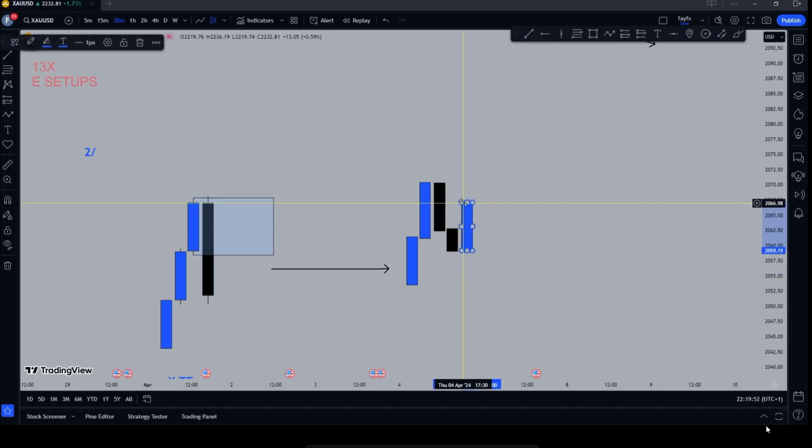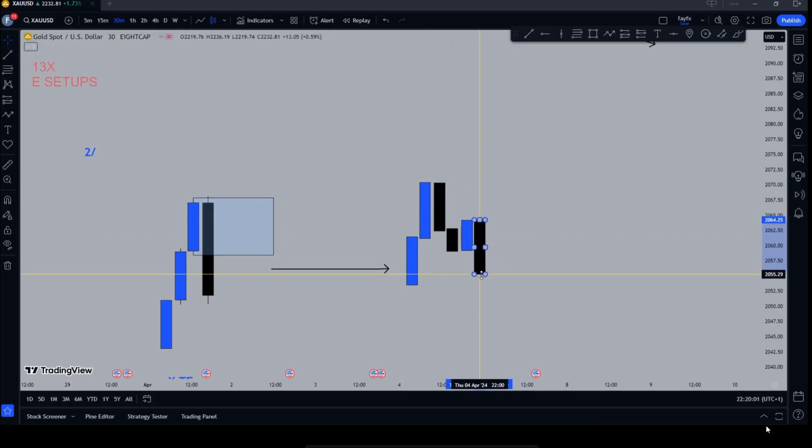Always inside the engulfing candle, we are going to find a classic fresh level. I'm going to find a classic fresh level inside the engulfing candle.